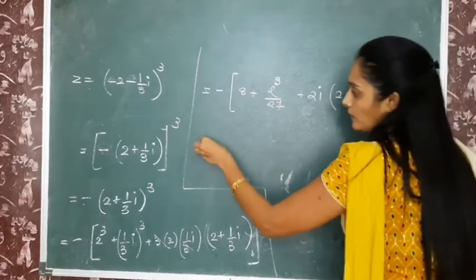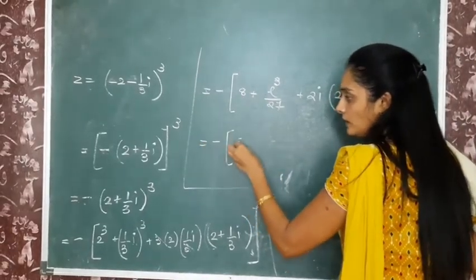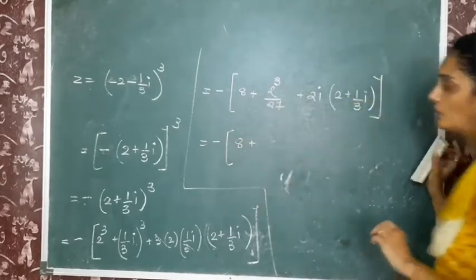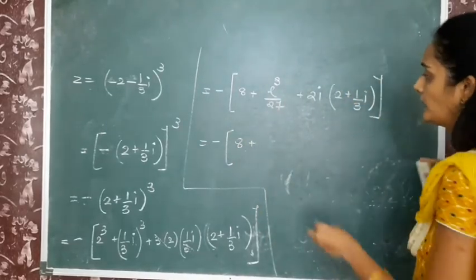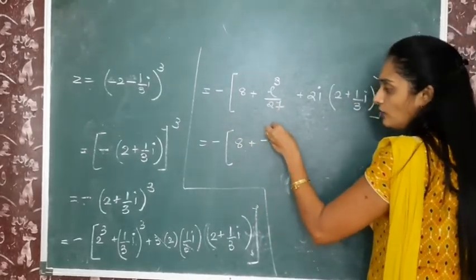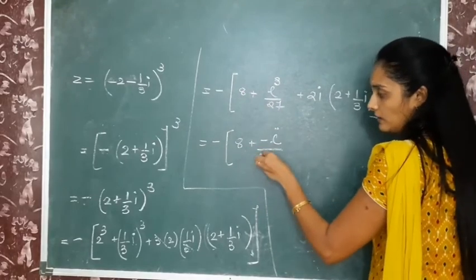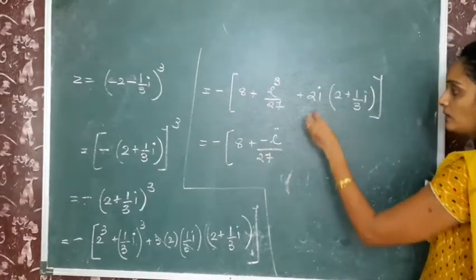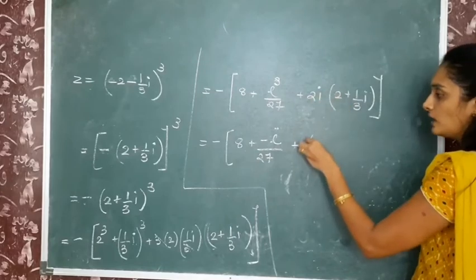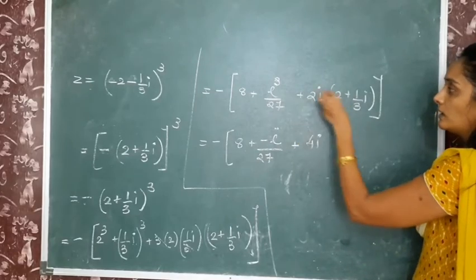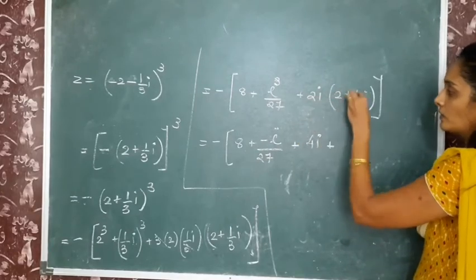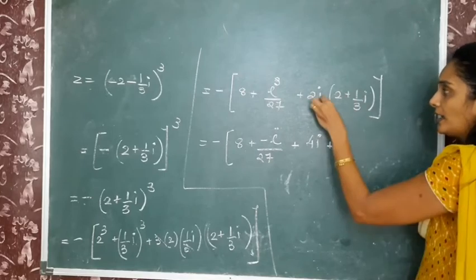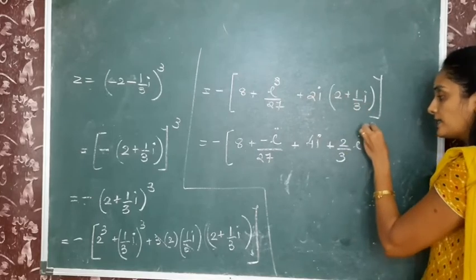Now 8, and as you know i cube is replaced by minus i. So the value of i cube is minus i upon 27, plus 2 2s are 4i, plus 2 by 3i into i square.